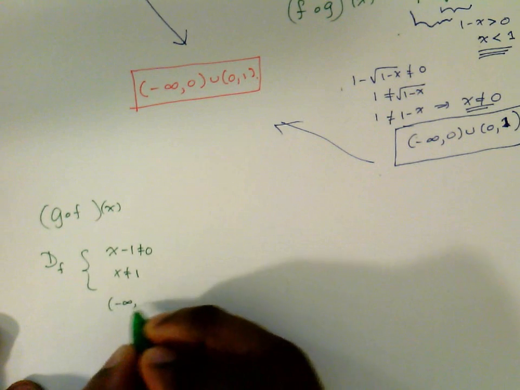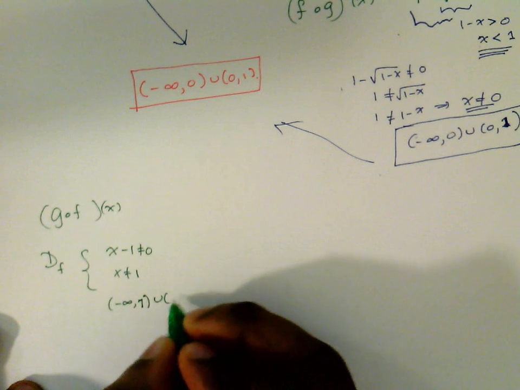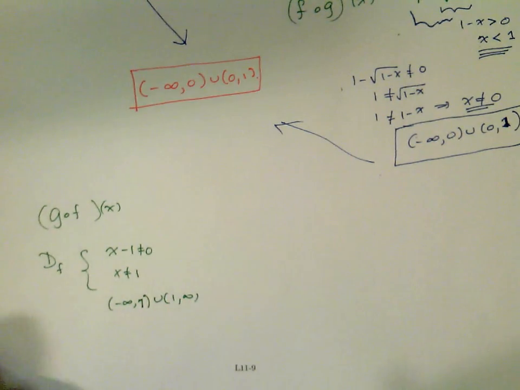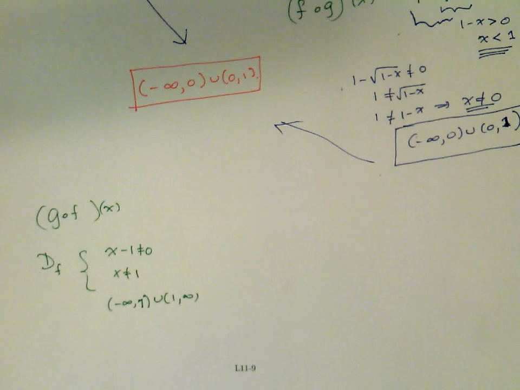So that would be negative infinity to 1 and then 1 to infinity. Now it doesn't matter which format you use, you can use anything, but at the end you have to express in interval notation.